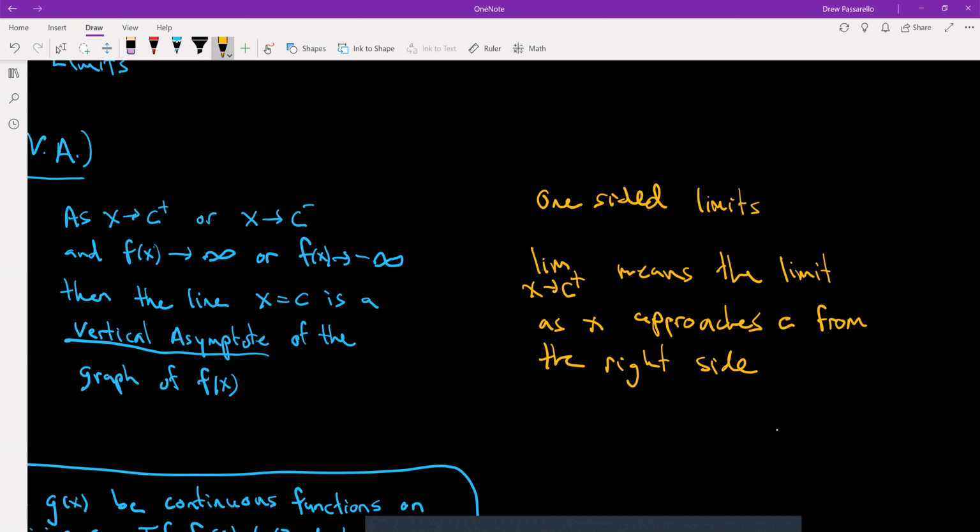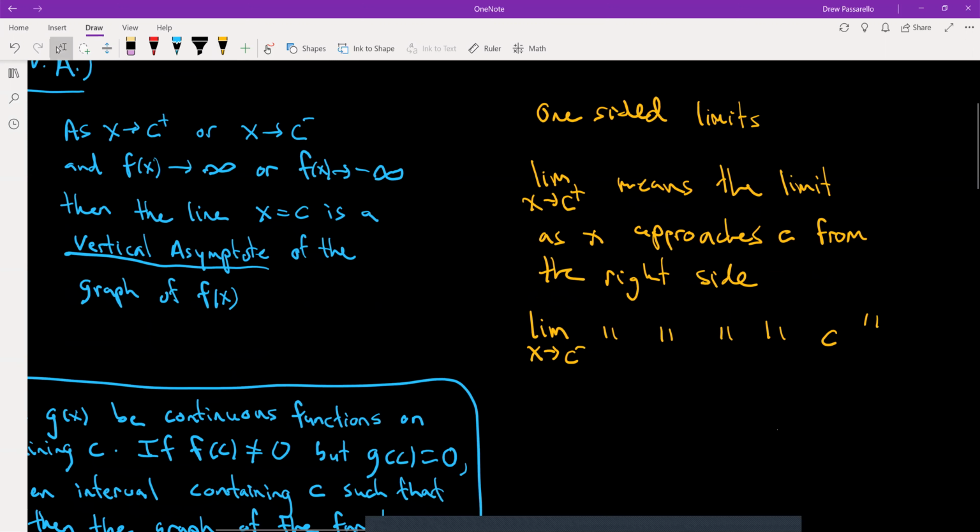All right, and then the one with c with the minus, this means, I'm just going to say in quotation marks, the same as above, the limit as x approaches c, this time from the left side.